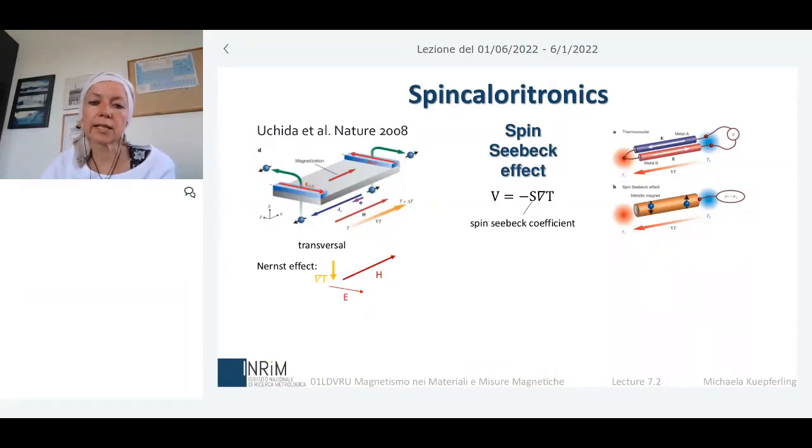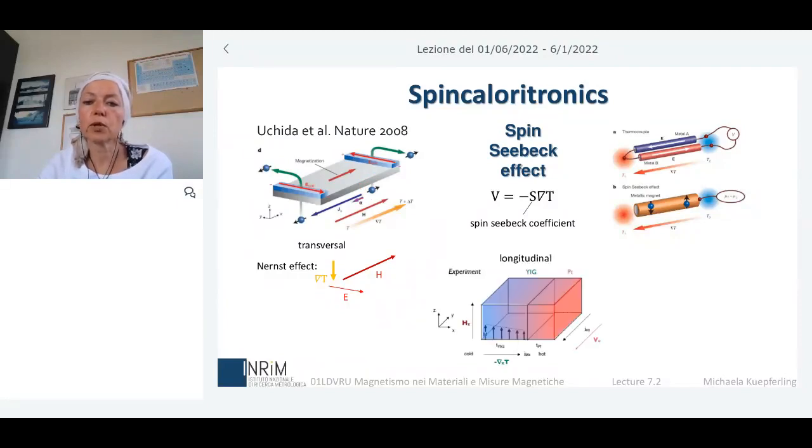Unfortunately, this first experiment, although the idea was completely correct, was not performed that well, because it was found that there are spurious effects like the Nernst effect, which are based on out-of-plane temperature gradients, and give more contribution to the voltage that you measure than the spin Seebeck effect.